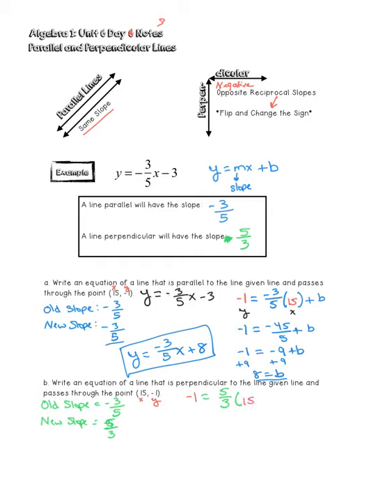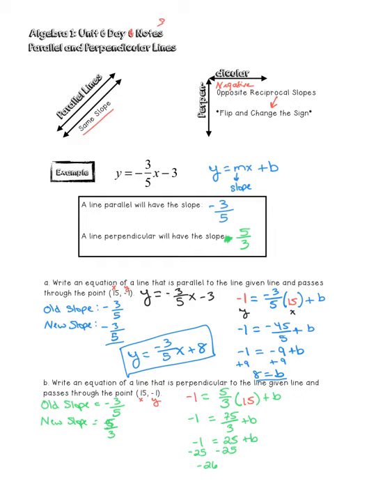15 plus b. Negative 1 equals, well, 5 times 15 is 75 over 3 plus b. I'm going to reduce that, of course. Negative 1 equals 25 plus b. I want to solve for b, so I'm going to subtract 25 from both sides.